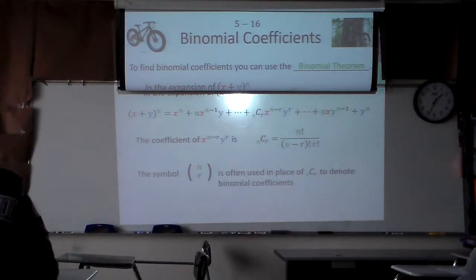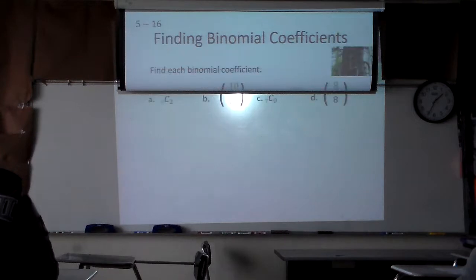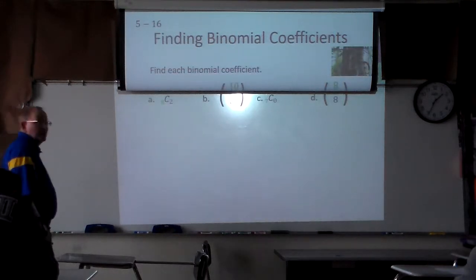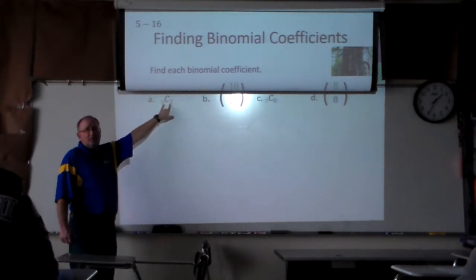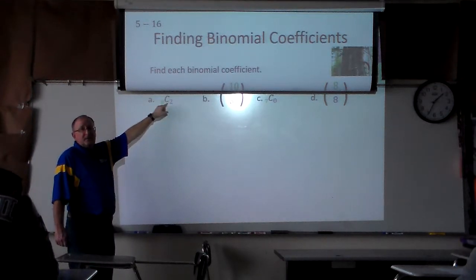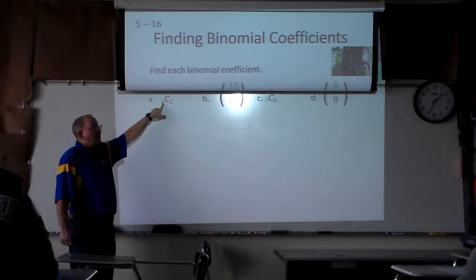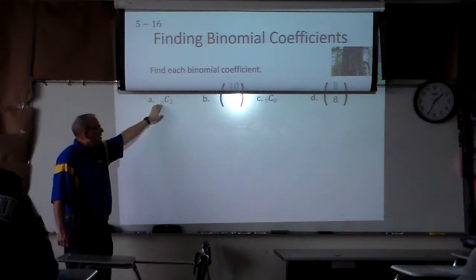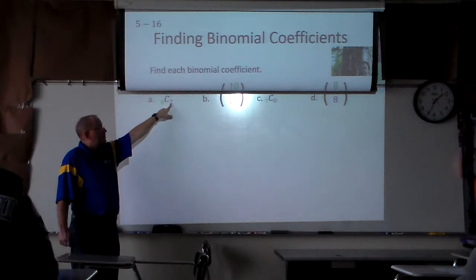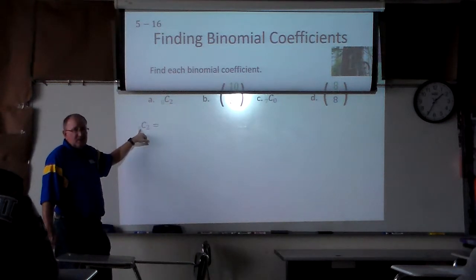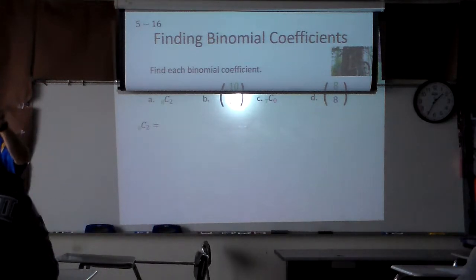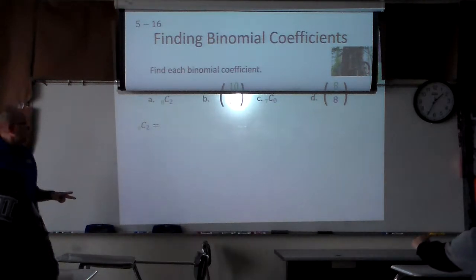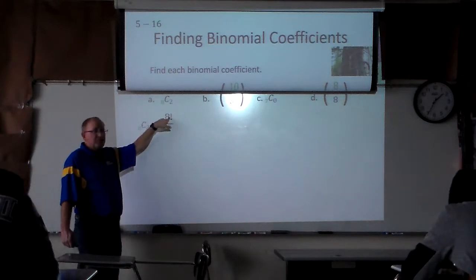Now, how do we do this? Here's the way that we do this. This means 8. The exponents have to add up to 8, and the y is 2. So there are 2 y's and the exponents add up to 8.